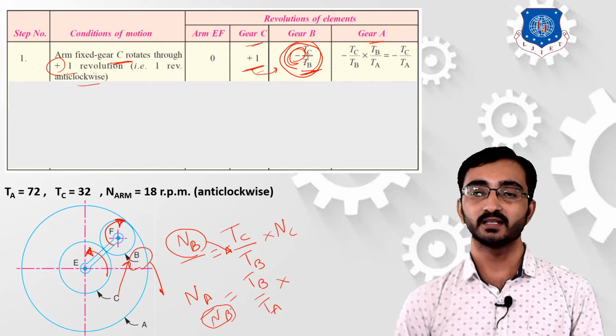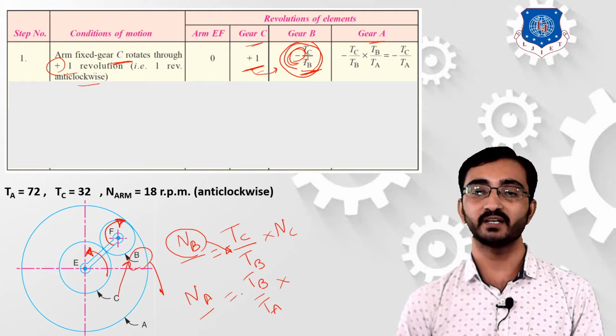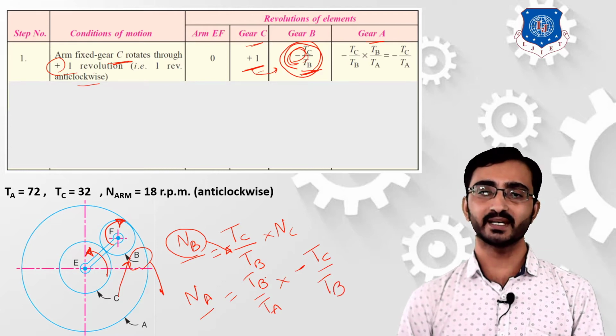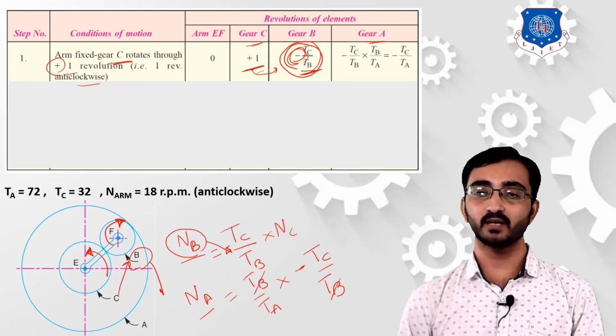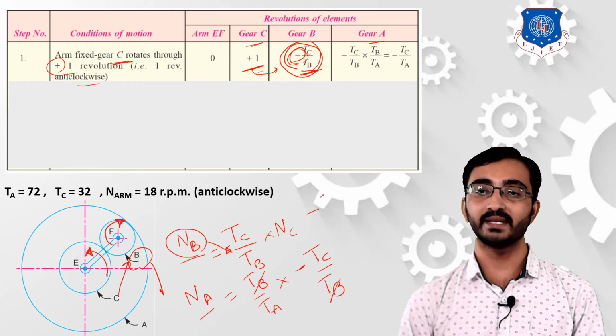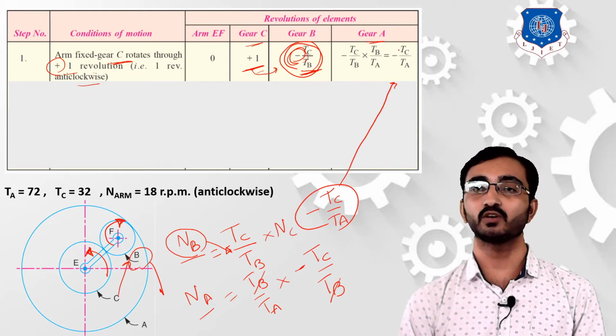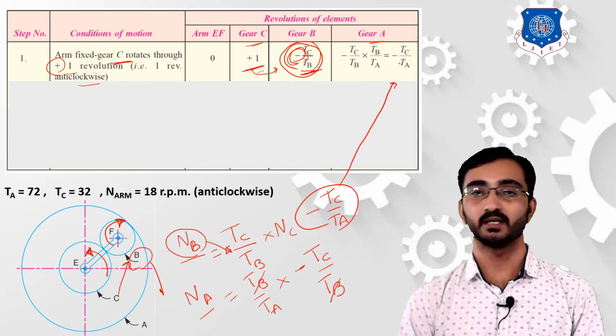So we have to write down minus of TC upon TB. Now you can see that TB can be cancelled out. So your final equation will be minus TC upon TA. Okay, so in this table you can refer that speed of gear A is equal to minus TC upon TA.